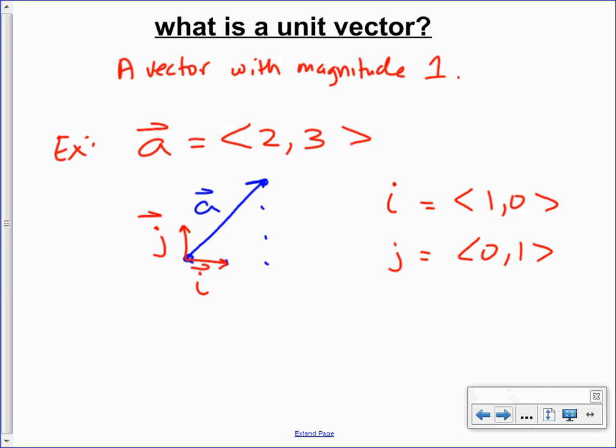Basically, the x is 1, the y is 0, so this solves for x, and this solves for y. So you can rewrite A the following way: 2i plus 3j.